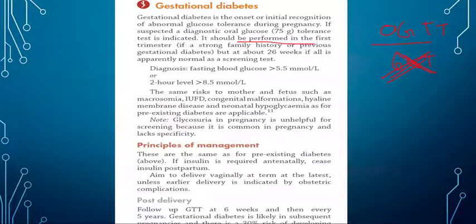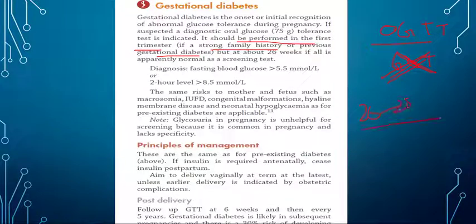Now, it should be performed in the first trimester if a patient has a strong family history or previous gestational diabetes history. A pregnant patient will have some screening tests according to their age of pregnancy. Normally, if a patient does not have any high risk of diabetes, we will check for diabetes at 26 to 28 weeks of their pregnancy.